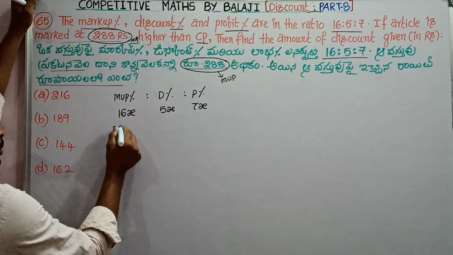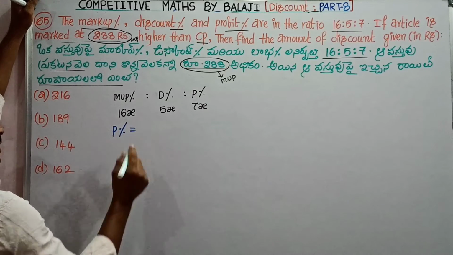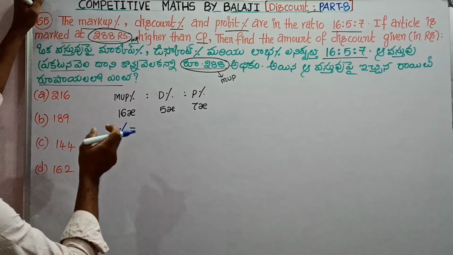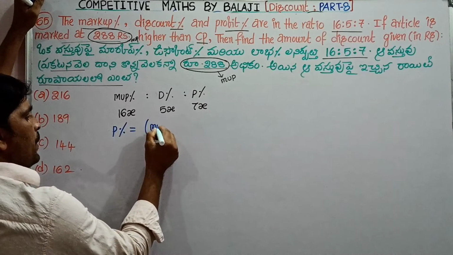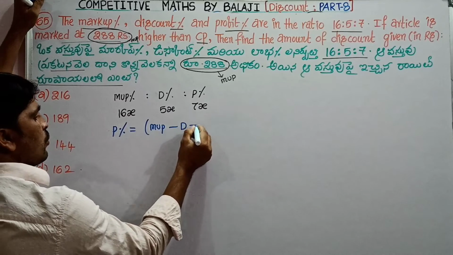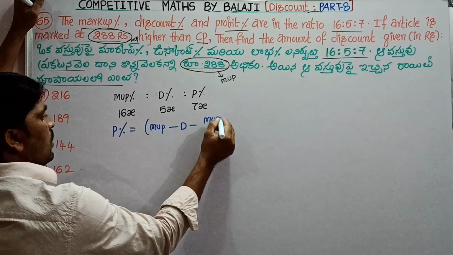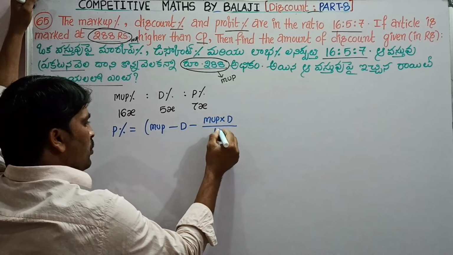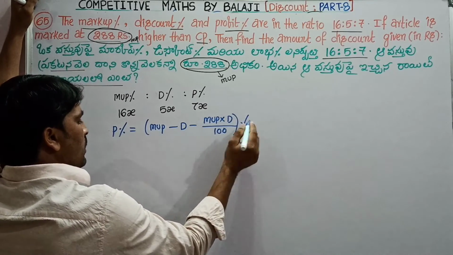And we know that profit percentage is the net effect of markup percent and discount percent. That is markup minus discount minus markup into discount by 100%.